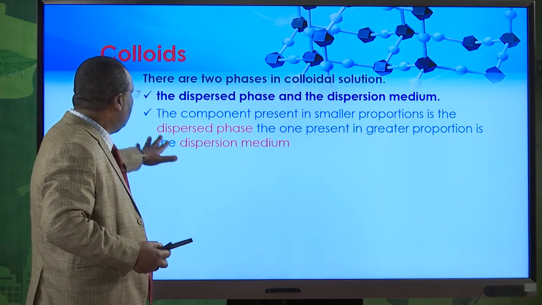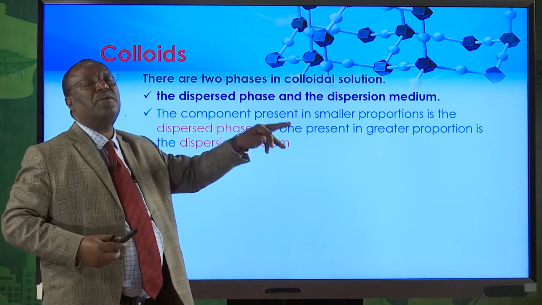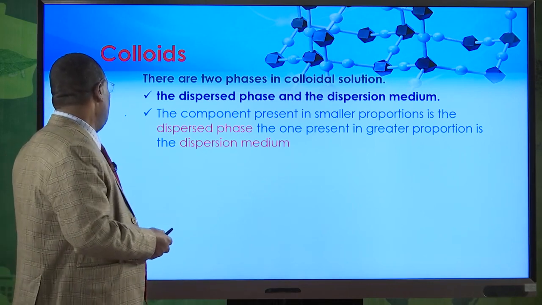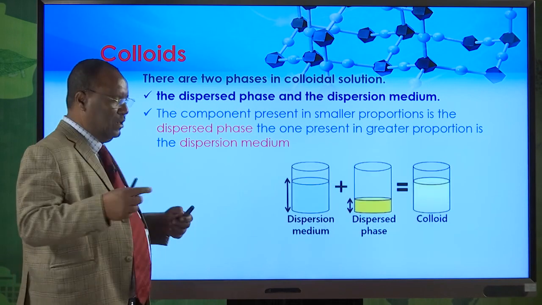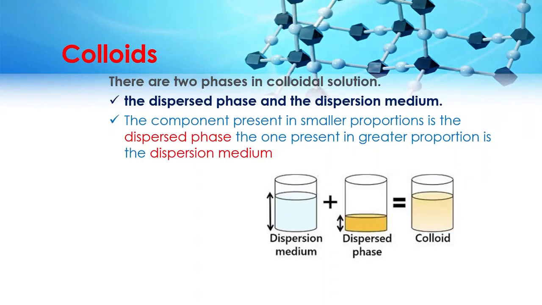In the case of colloids, we have dispersion phase and dispersion medium. The dispersion phase is what in case of solution we call solute. The dispersion phase dispersed throughout the dispersion medium will give us a mixture. That mixture is said to be colloid.